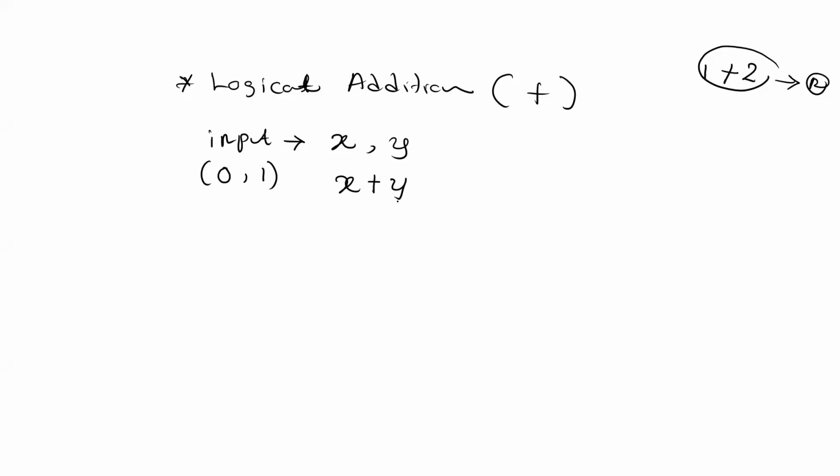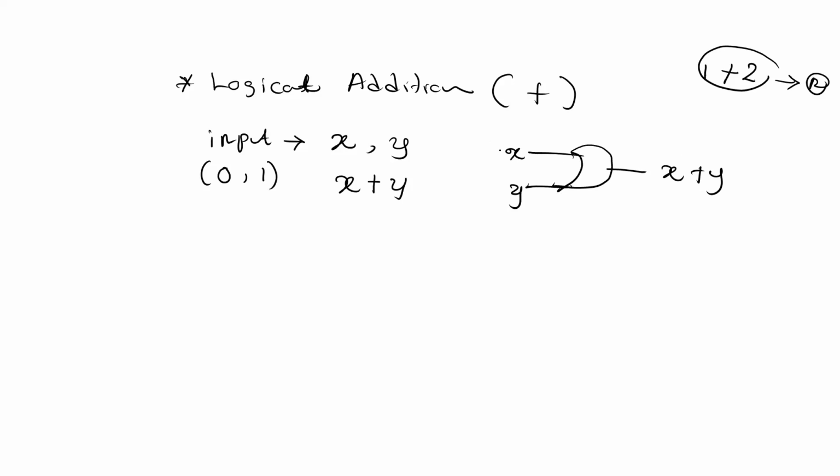We should have two operands. So we have x and y as our operands. For example, if we consider this logical addition or OR operation, from this side we can have x, this side we can have y, and here we have x plus y. So that is the basic idea.